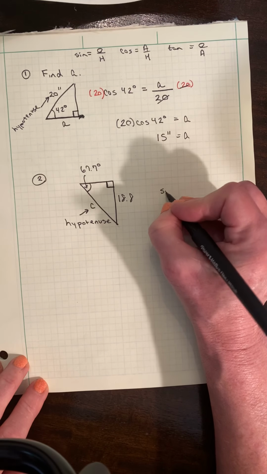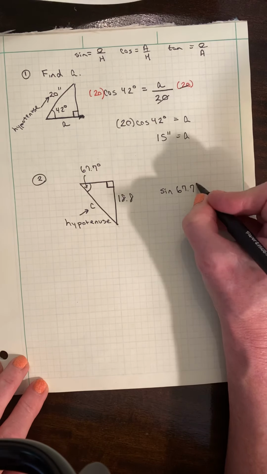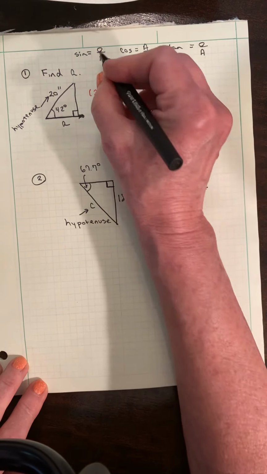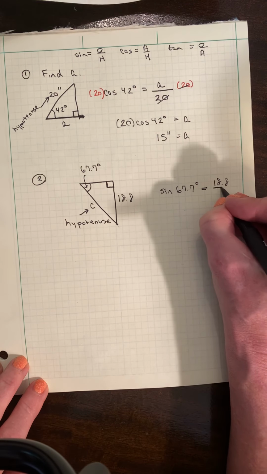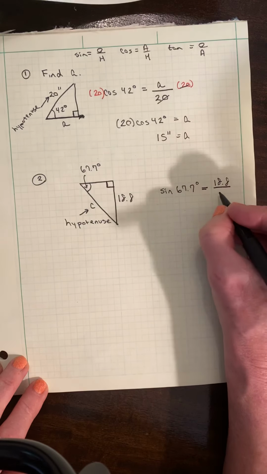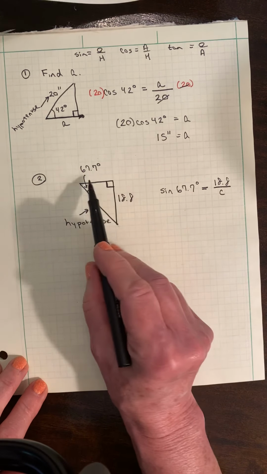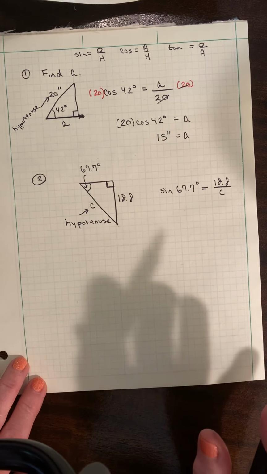The sine of 67.7 degrees is equal to the opposite side over the hypotenuse, which is little c. Again, we did not use this side because it wasn't marked with a number or variable.